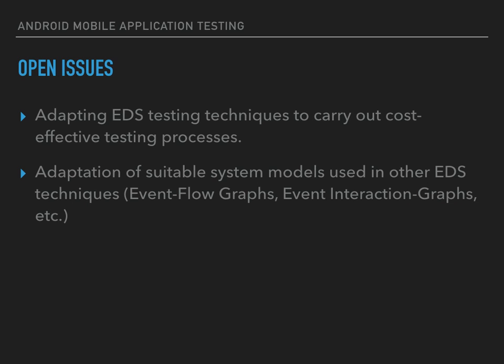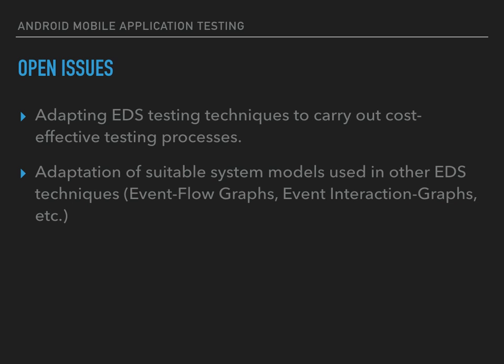So we're still faced with the task of finding out which technique is the most effective, which one is going to test our application thoroughly. But at the same time, we also want to make sure that it's cost effective. Now, it should also be mentioned that the other EDS techniques are all pretty much based on well-known models such as an event flow graph or an event interaction graph.